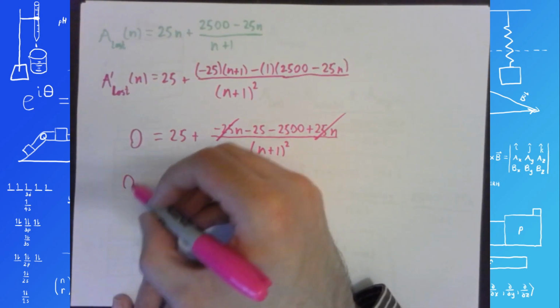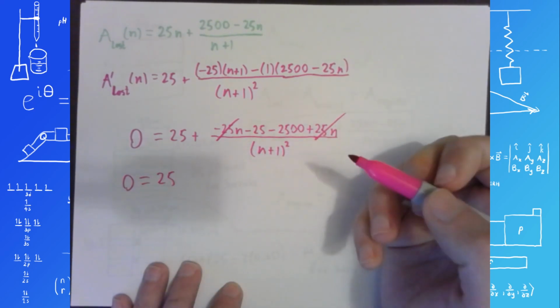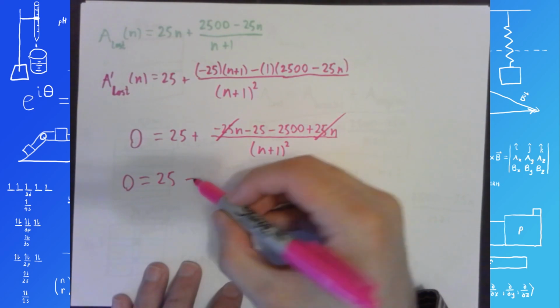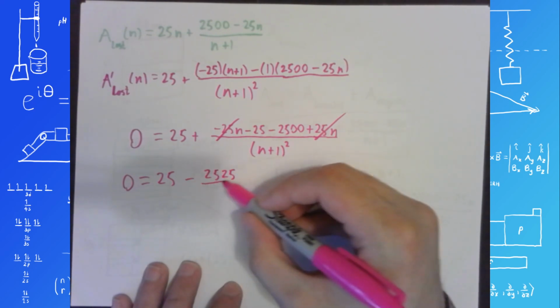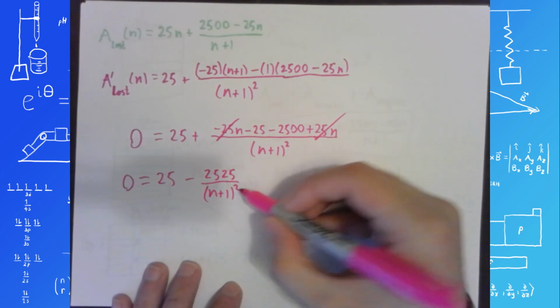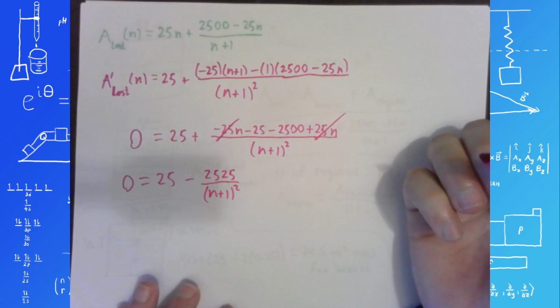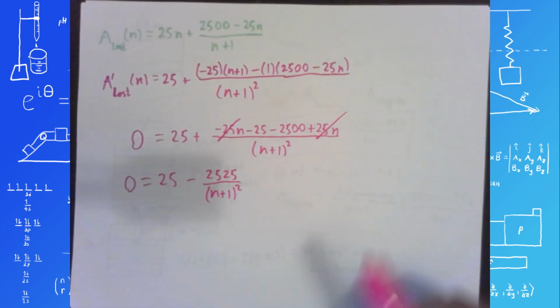And that gives me 0 equals 25 minus 2525 over n plus 1 squared. Actually, what I'll do is add this over to the left-hand side.